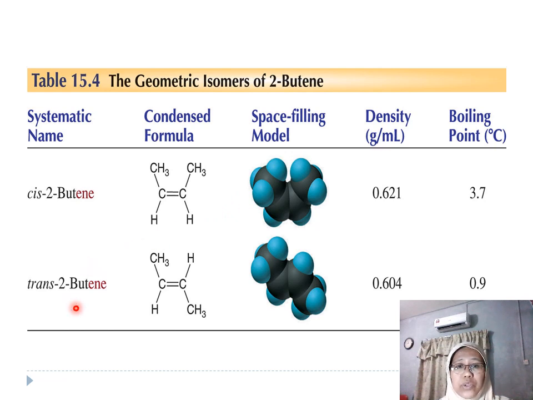But for trans-butene, it is as if the compound is linear, as you can see here. So the density would be 0.604 because the surface area has expanded greatly. Therefore, the boiling point is lower, 0.9 degrees Celsius.